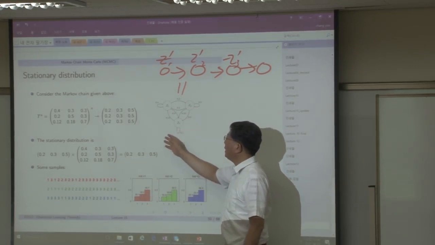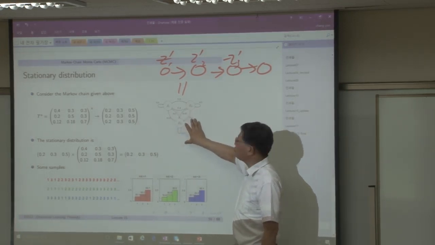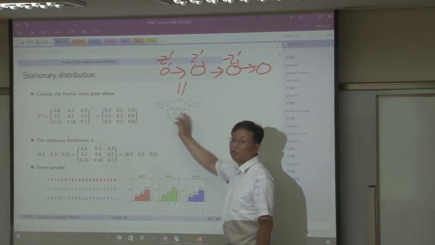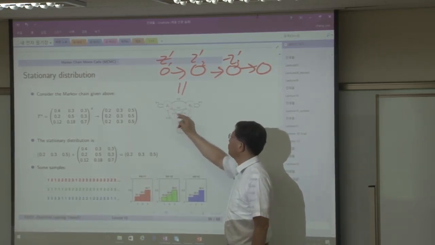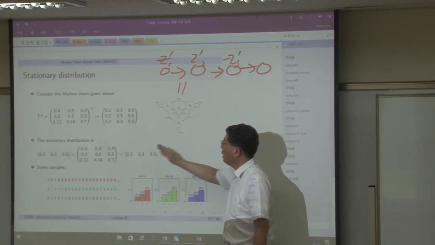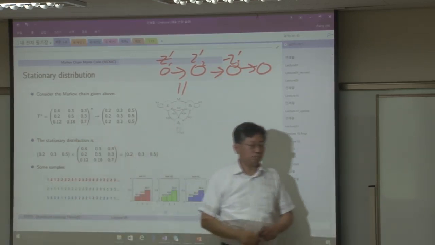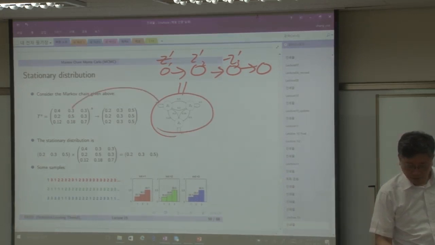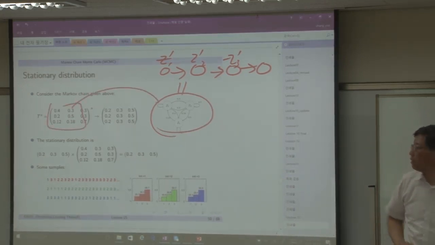It seems in this graph you can go from Z1 to any of the three nodes, or from Z2 to any of the three nodes, and so forth. The transition probability is represented by this thing here.